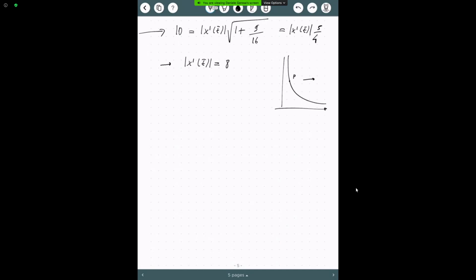Maybe I can change color. So the red thing here is p prime.